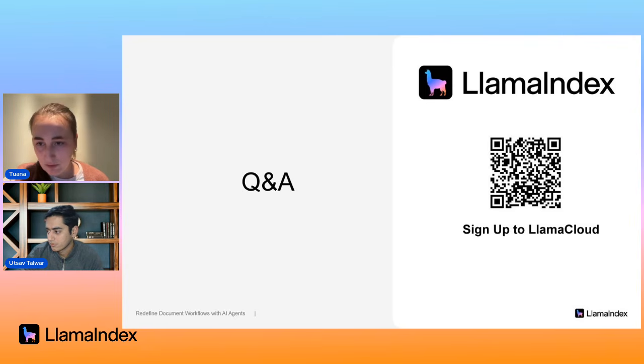I also saw: does Llama Cloud support regular MongoDB also? Can Llama Cloud send to both MongoDB and another vector database at the same time? I'm going to be honest, I don't know if we are able to send vectors to both MongoDB and another vector database.